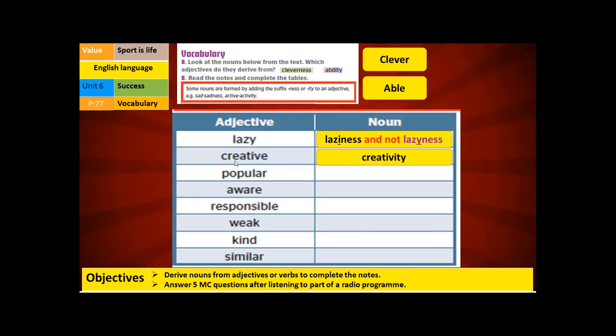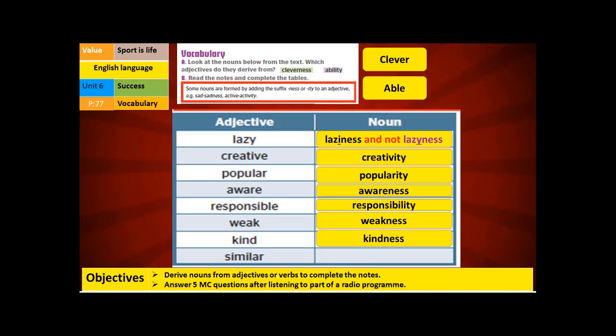What about creative? Creativity. Popular, popularity. Aware, awareness. Responsible, responsibility. Weak, and not week with seven days, but weak the state, the weak person, weakness.